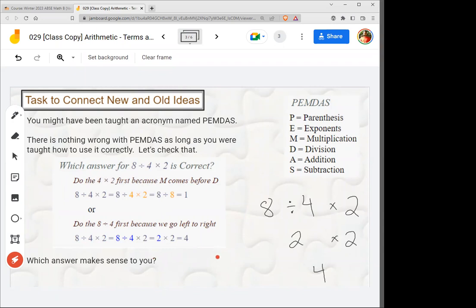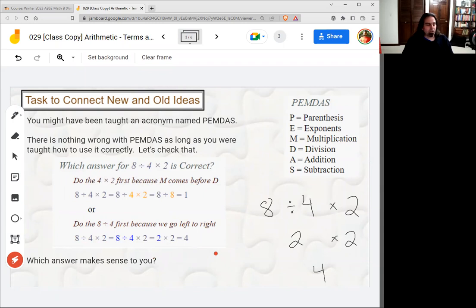So if you understand them, tell me which one you think is right. You can type it in the chat. You can call it out.